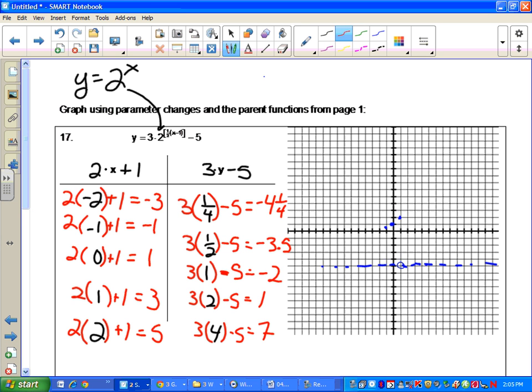So now you just graph your new points, which are not these. So now I have my new points. Negative 3, negative 4 and a fourth. Negative 1, negative 3.5.